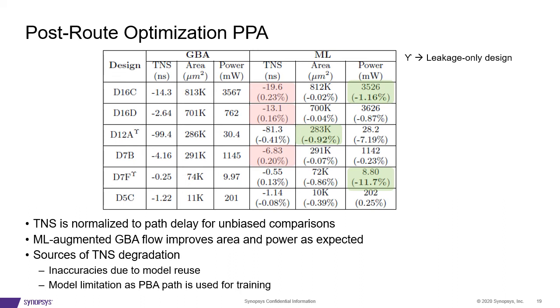That's why we don't train the second model, and we incur degradation in TNS. The other reason is that since we train using PBA path, we incur some error because the final timing can shift, because the worst GBA path may or may not be the worst PBA path after legalization and ECO route.